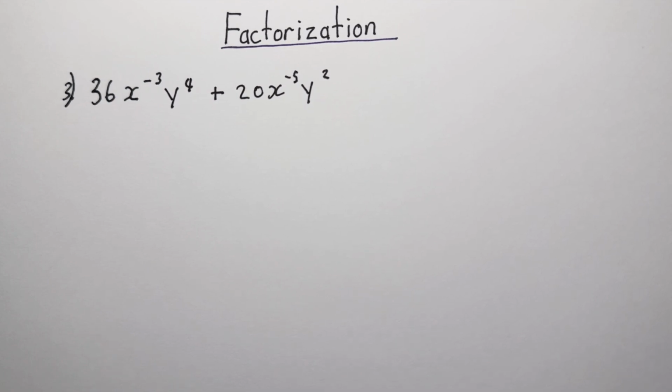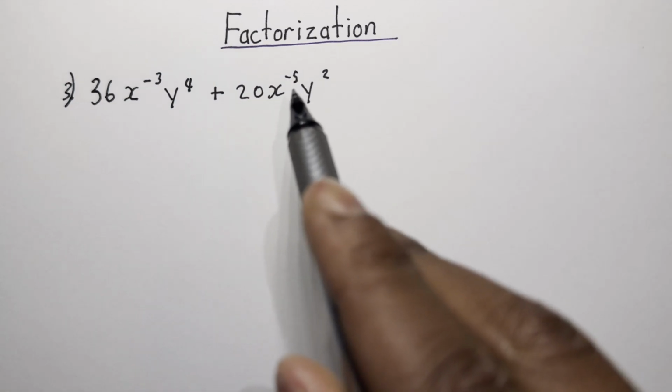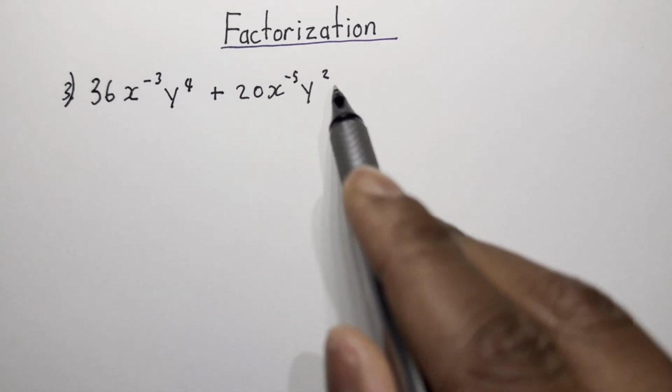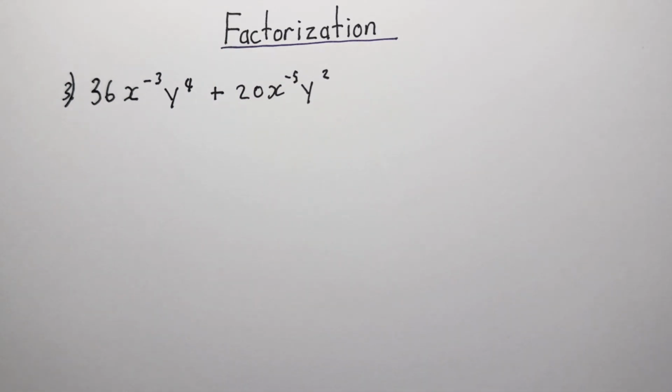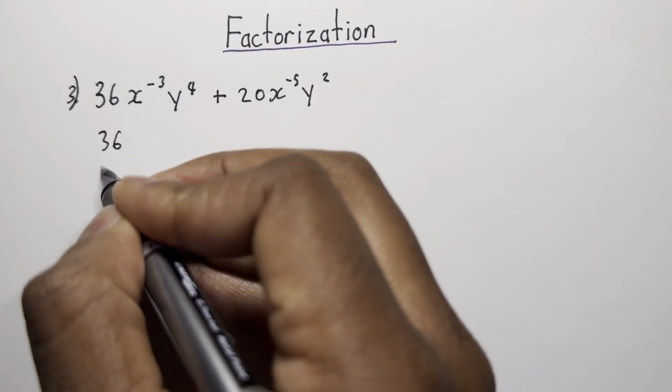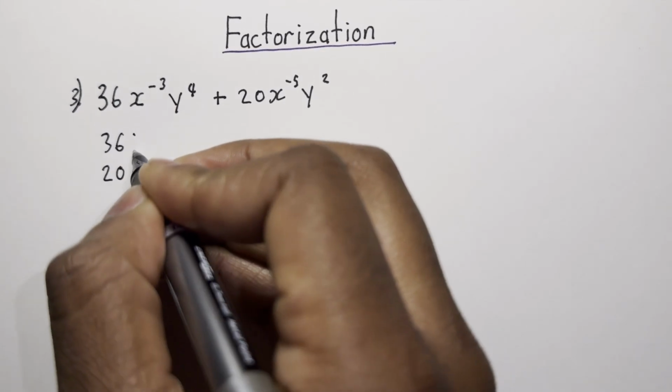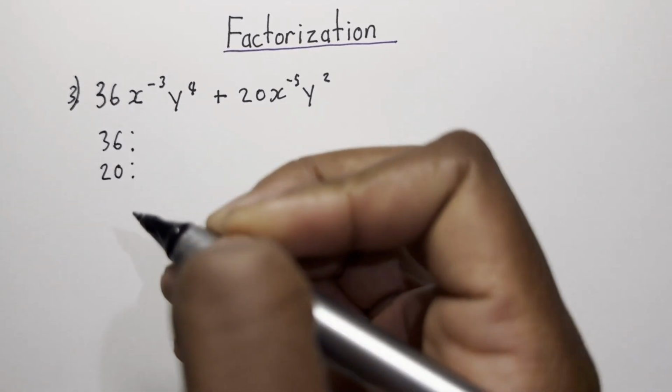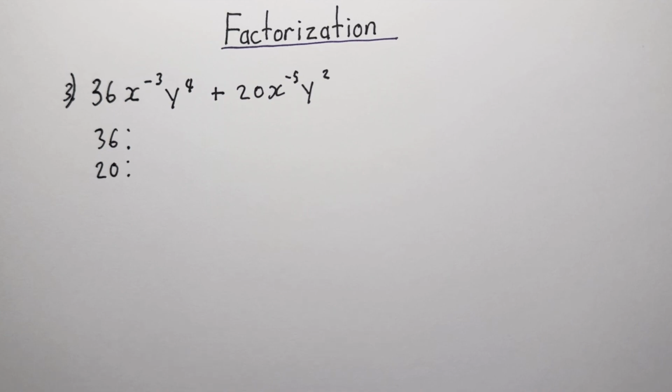We have 36x raised to the negative 3, y raised to the 4th power plus 20x raised to the negative 5, y squared. And we can also work this together.